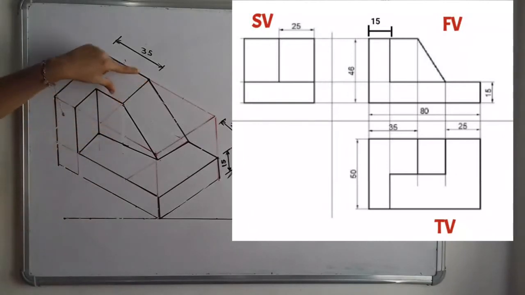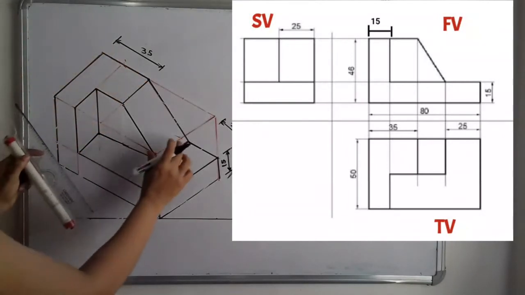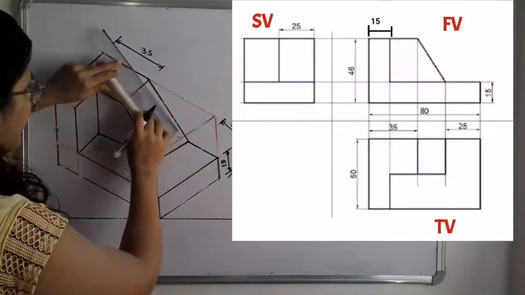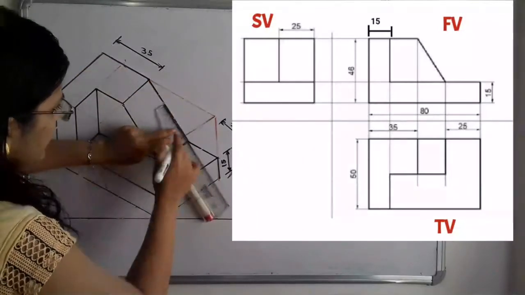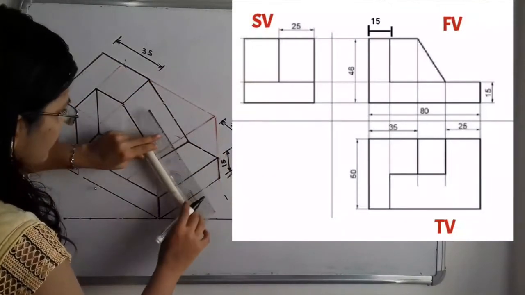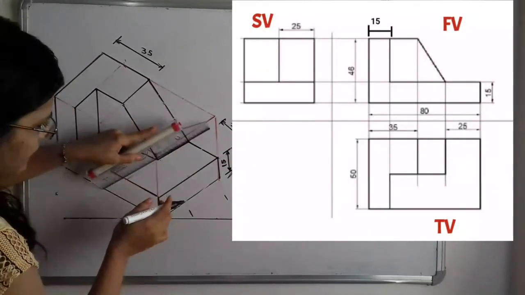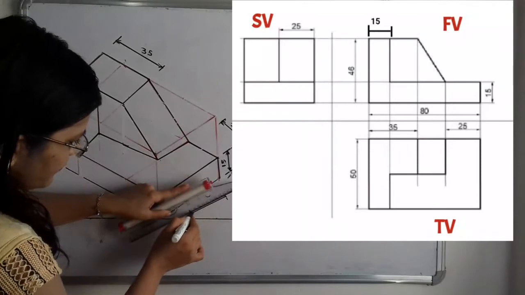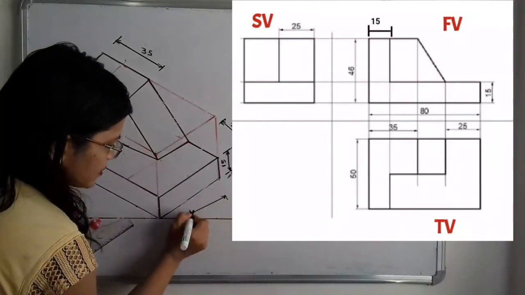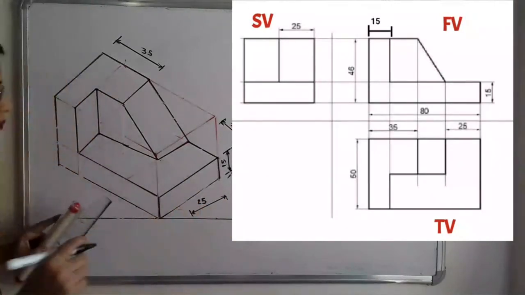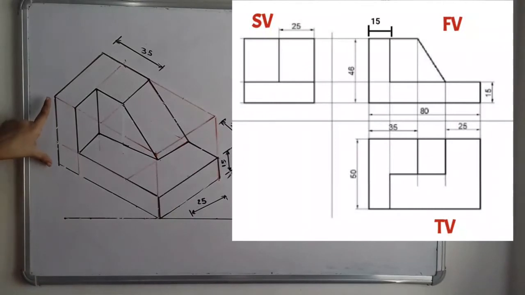Now the width is also given, that is the width of this slope is also given, that is 25 mm. So how to give it? In the direction of the slope we have to show here the two lines and then draw the parallel line to this width line. Now here the dimension is given, that is 25. Then what is this total height?